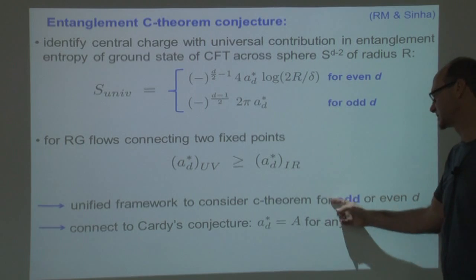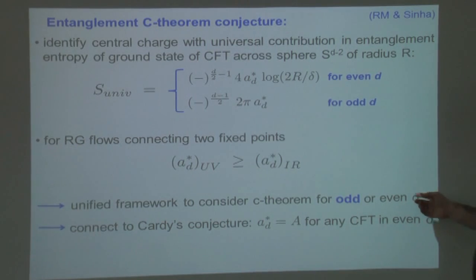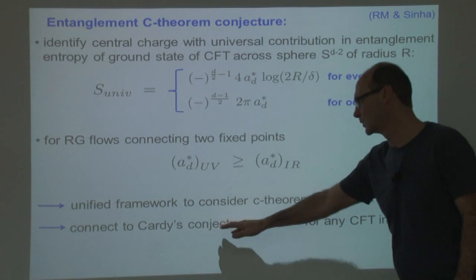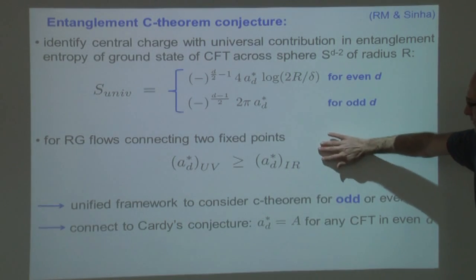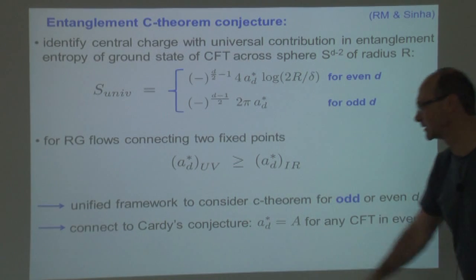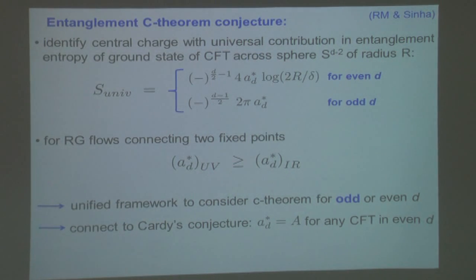People never talked about C-theorems in odd dimensions before, but here, because d was just a dial, we have one framework, entanglement entropy, and we're talking about these flows in odd or even dimensions. I said that this inequality corresponded to Cardy's conjecture for even dimensions.